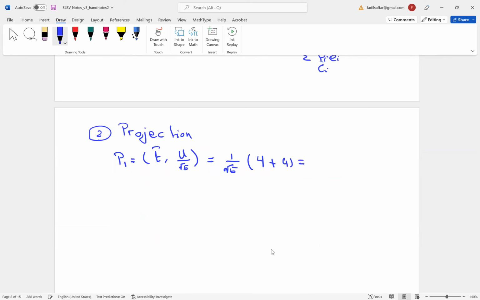So that's 8 over square root of 5. Note that this is just a scalar, because when you do an inner product, you only get a scalar.